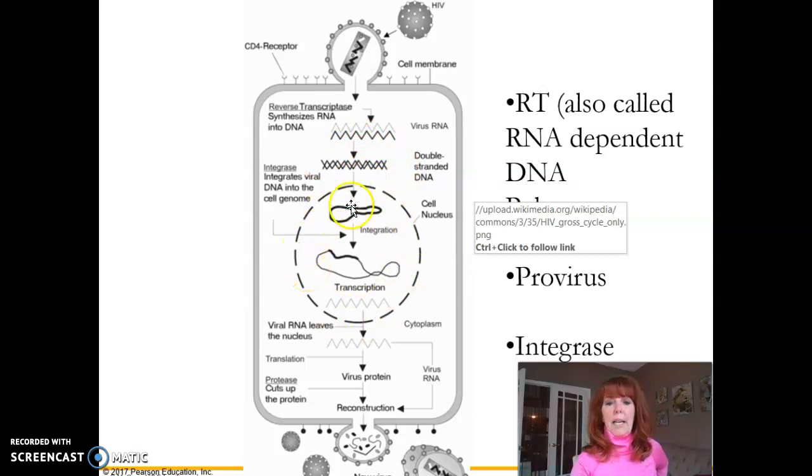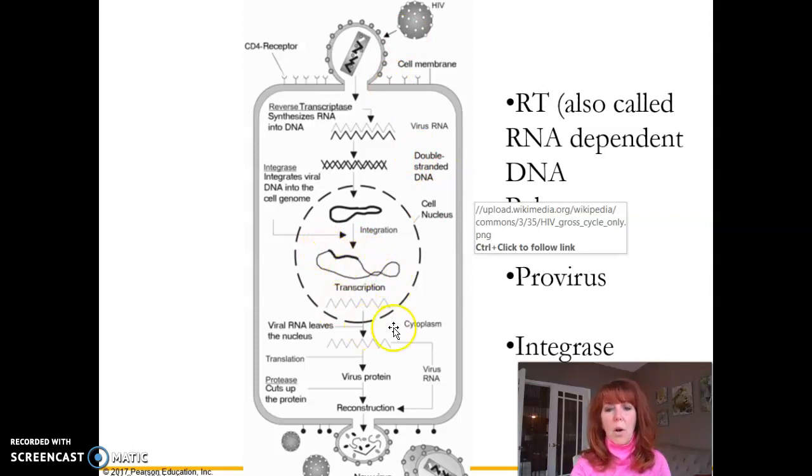The next thing that it does is it takes this DNA and tries to put that DNA into the chromosome, and it uses an enzyme called integrase. So now we can see this little portion here is the DNA that was copied from the RNA that was here, that came from the virus that is here. When something stimulates this cell to come out of latency, the virus will then begin doing a couple of things.